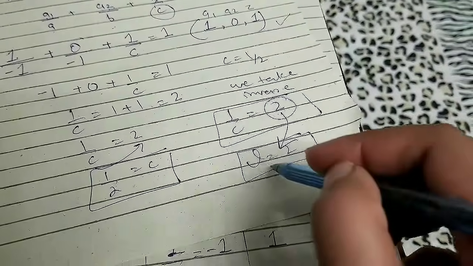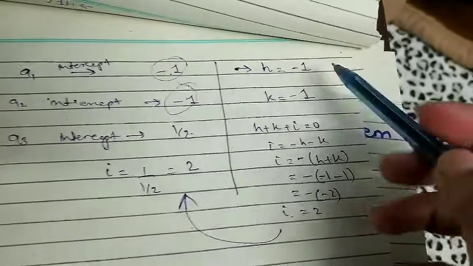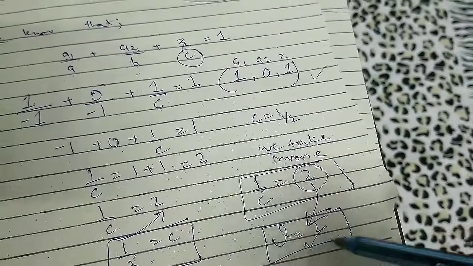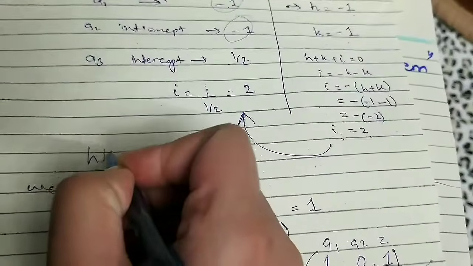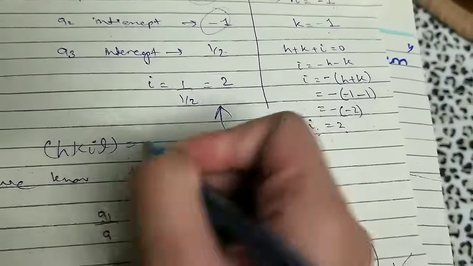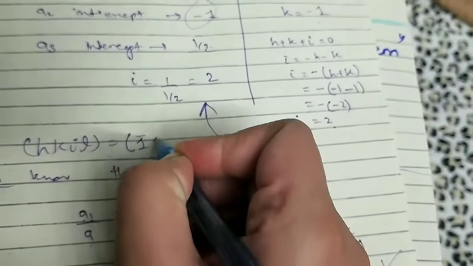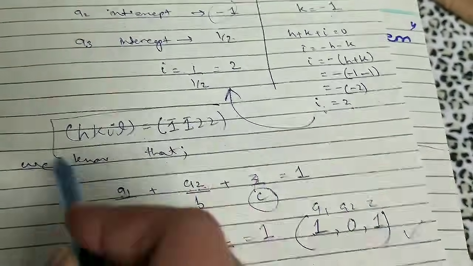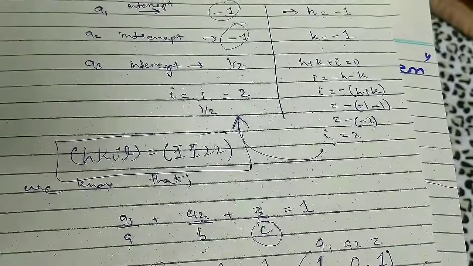So L equals 2 here, and we got h to be -1, k to be -1, i to be 2, and z l as 2. So h, k, i, l are 1 bar, 1 bar, 2 and 2. These are the Miller-Bravais indices for the plane that we discussed.